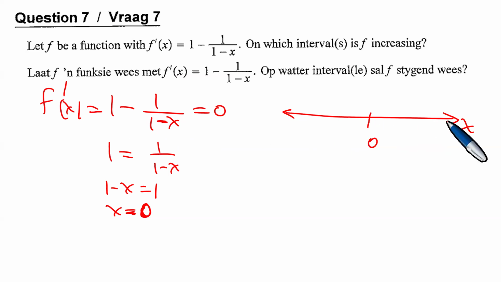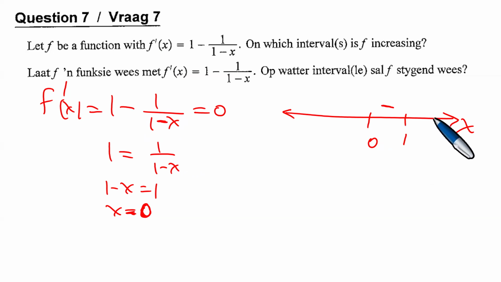To the right-hand side of 0 and to the left of 0. Let us deal with what happens to the right of 0. When x is 1, 1 is a very important one. When x becomes 2, for example, between 0 and 1, what happens? At 1/2, this is 1 minus 1/2, which is 1/2. 1 divided by 1/2 is 2. 1 minus 2 is minus 1, so you have a negative.